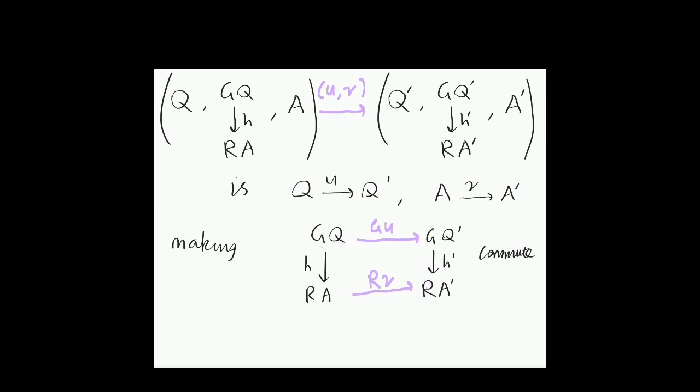So if we do H and then RV, we get the same thing as if we do GU and then H'. And that's it. That's the definition of a comma category.